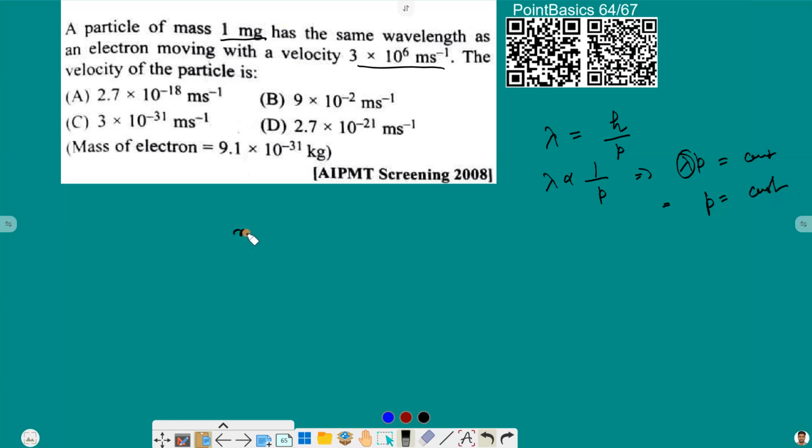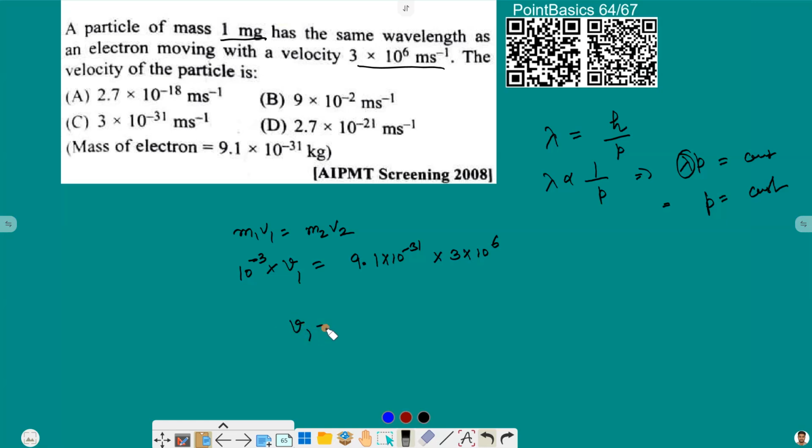So momentum is constant, so we can write m1v1 is equal to m2v2. So m1, the mass of the particle, that is 10^-3, into v1 is equal to m2, that is the mass of the electron 9.1 × 10^-31, velocity of the electron 3 × 10^6.